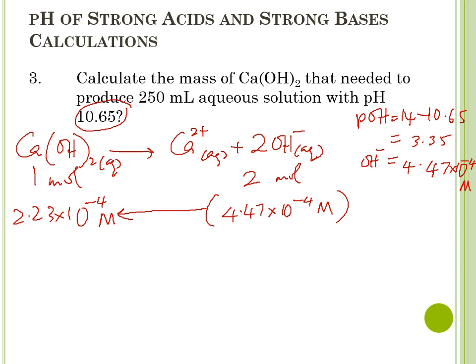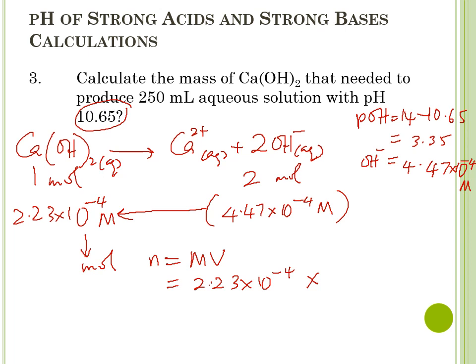Now, how are we going to get the mass? We need to convert it into mole first. So, n equals MV. This is our formula when we learned concentration measurement, molarity in chapter 1. So the molarity would be 2.23 times 10 to the power of negative 4 multiplied by the volume.